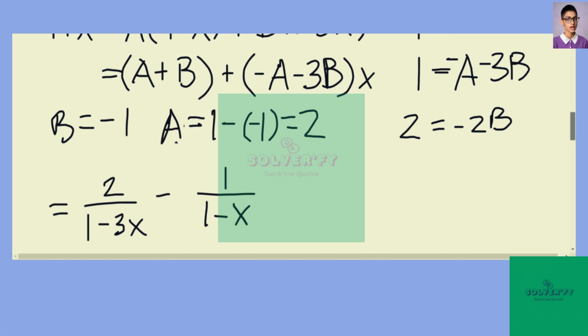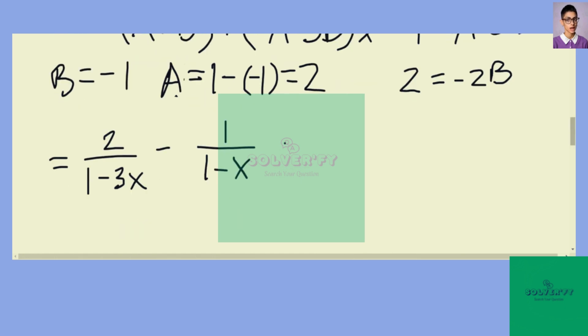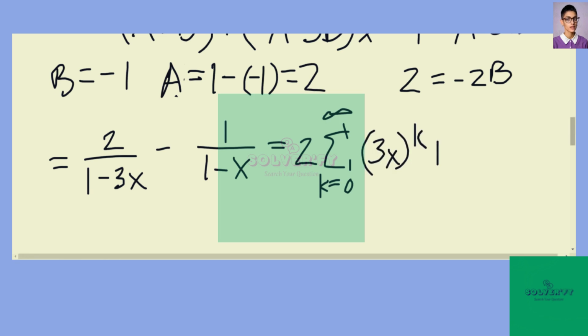And now we use some theorems about power series. This is equal to 2 times the sum from k equals 0 to infinity of (3x)^k, not plus, but a minus, the sum from k equals 0 to infinity of x^k.